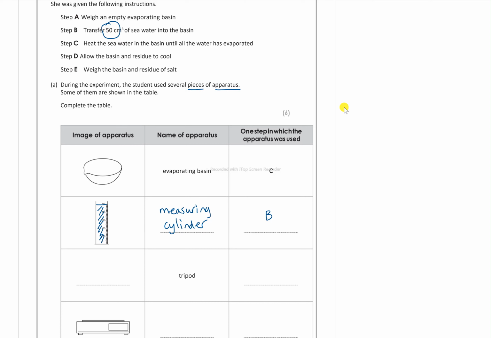Right, the tripod. There's the tripod. And then what you do, you put your Bunsen burner here.